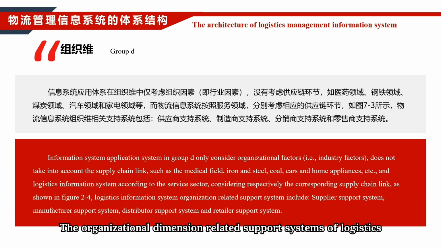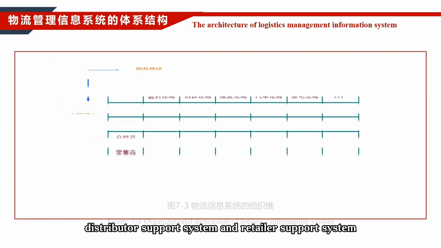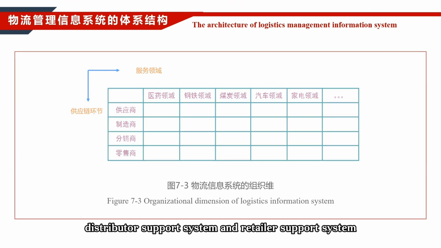The organizational dimension-related support systems of logistics information system include supplier support system, manufacturer support system, distributor support system, and retailer support system.